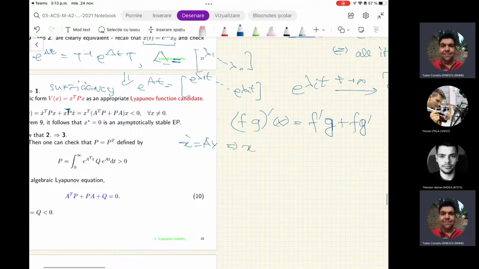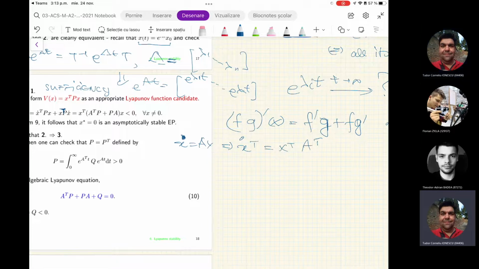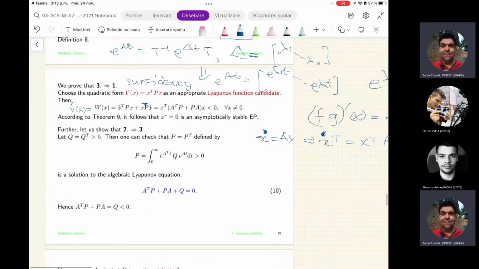That means x dot transposed is x transposed A transposed, because transposition and time derivation commute. So essentially you get a common factor, x transpose to the left and x to the right. So you get this matrix. This is the matrix M.